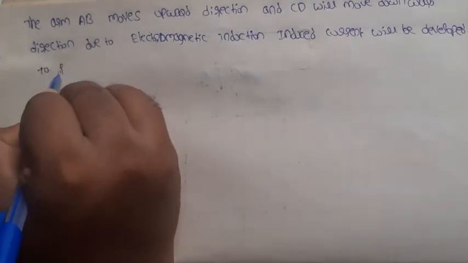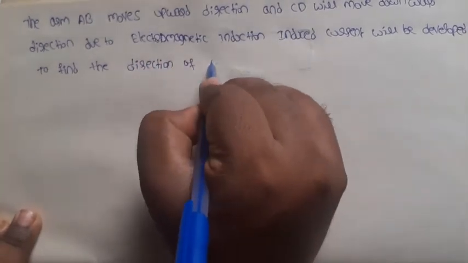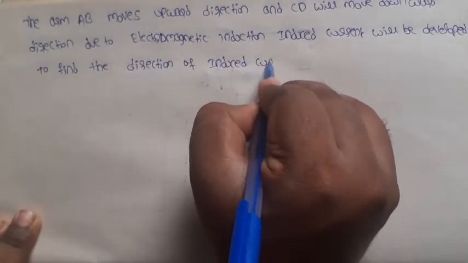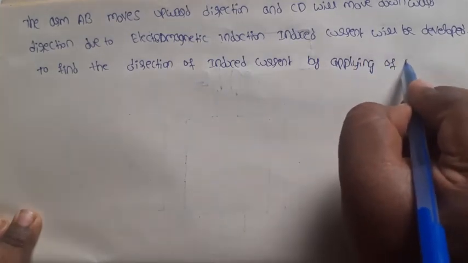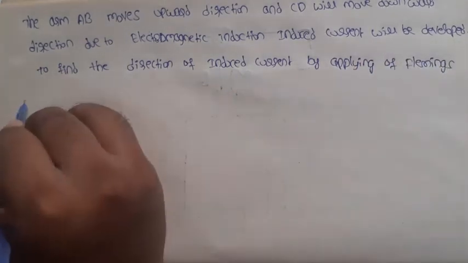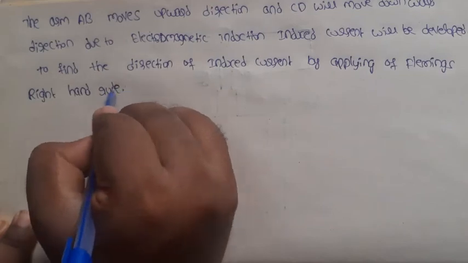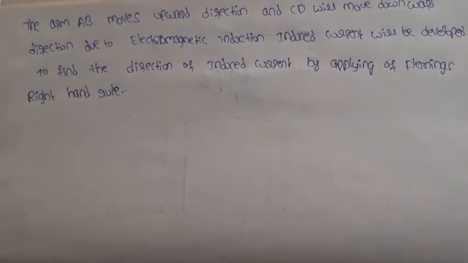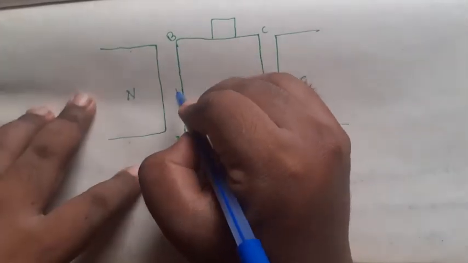To find the direction of induced current, apply Fleming's right hand rule. Align your thumb and forefinger in the direction of the motion of the conductor and the magnetic field direction. The arm AB is moving upward.